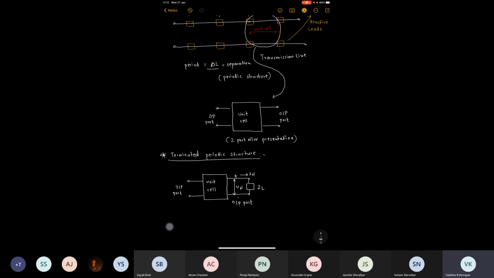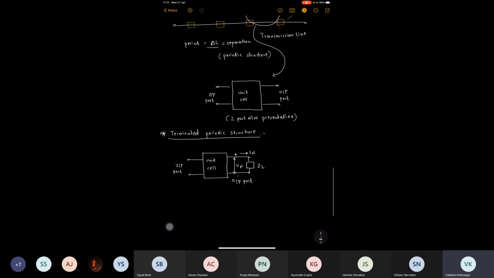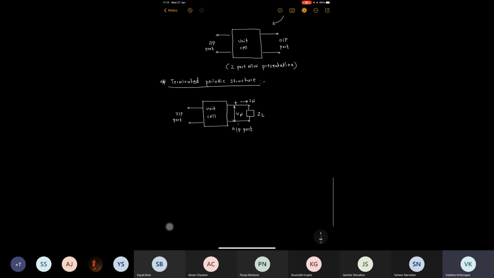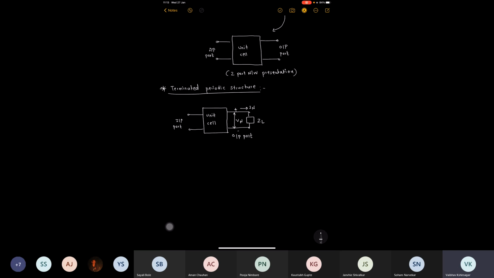This particular structure is very important in order to understand the processing of passband and stopband characteristics exhibited by the filter structure. We call it a terminated periodic structure. Why is this important? It is very important in understanding the concept of passband and stopband behavior. Now, how? Let us see.